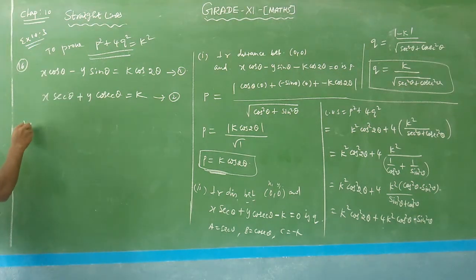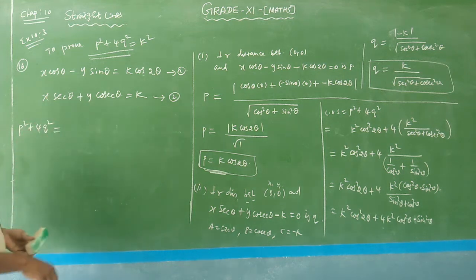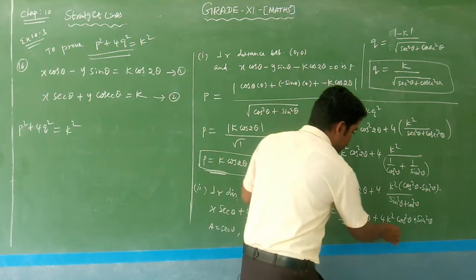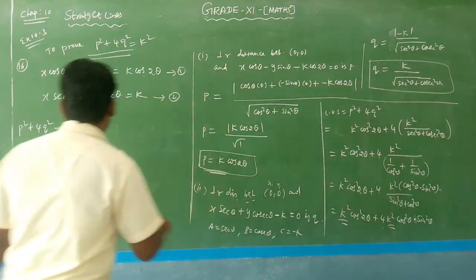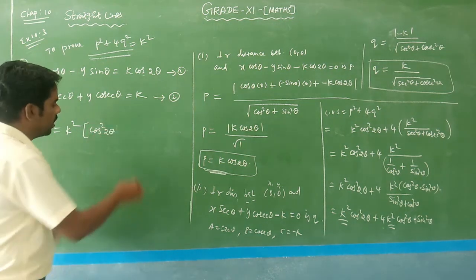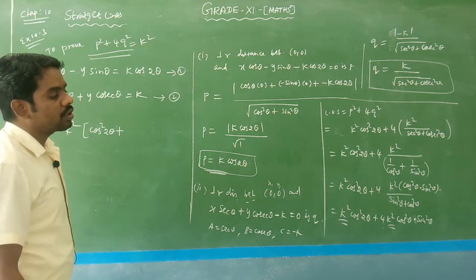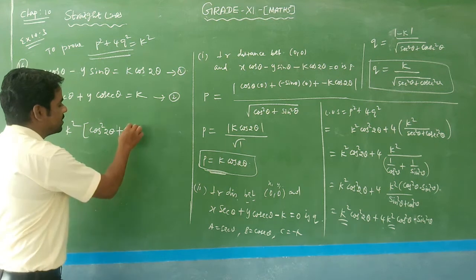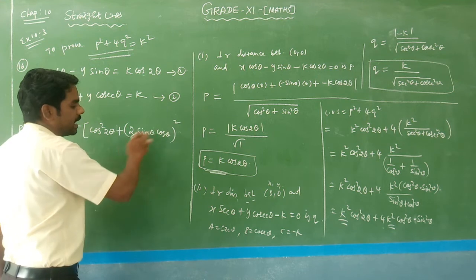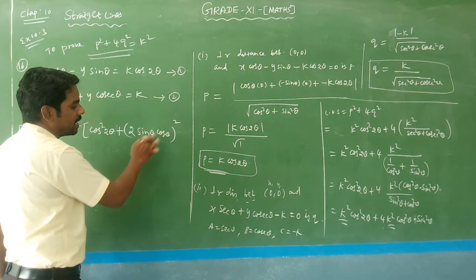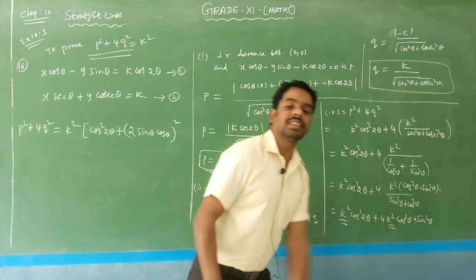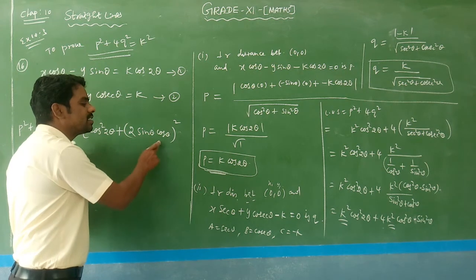So p squared plus 4q squared is equal to k squared common in both terms: k squared of cos squared 2 theta plus 4 cos square theta sin square theta, which is written as 2 sin theta cos theta the whole square.